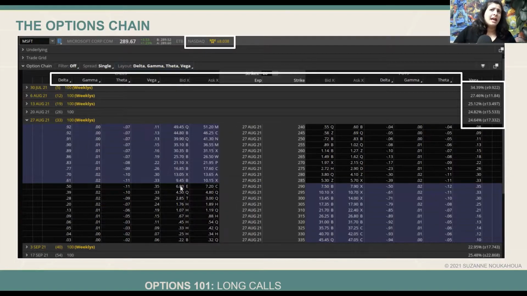So you would try to get in for the 680. The broker might not sell it to you at that price. You might have to come somewhere halfway between the bid and the ask, but this would be the approximate value. So you would pay $680 for the potential right to buy Microsoft for $290.